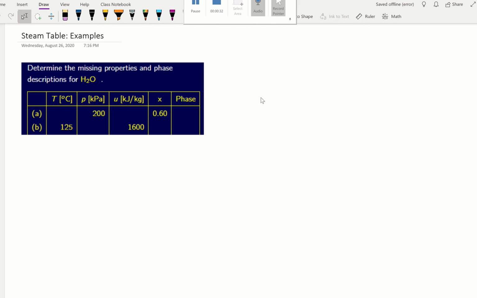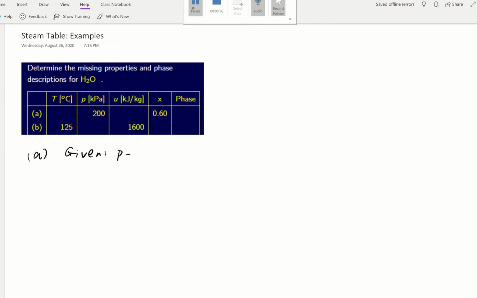Okay, so now the first scenario, question number A. This is water. They give us two things. What are the two givens? By the way, you're always going to have two givens, right? The first given is the pressure, which is 200 kilopascal, and the next one is X, 0.6.